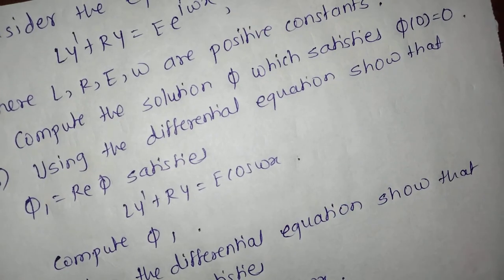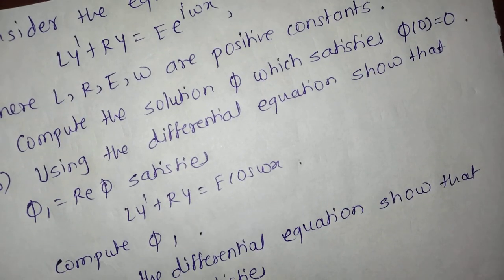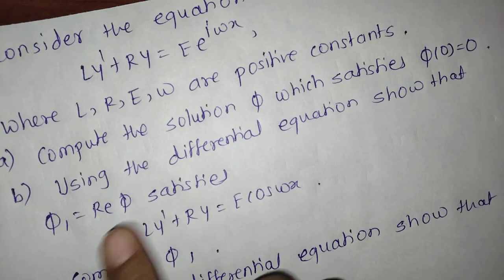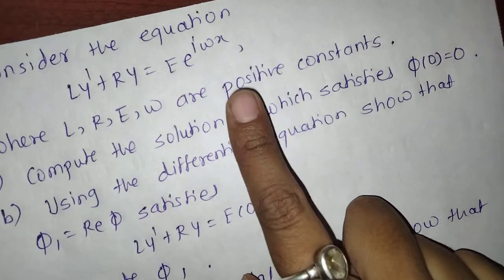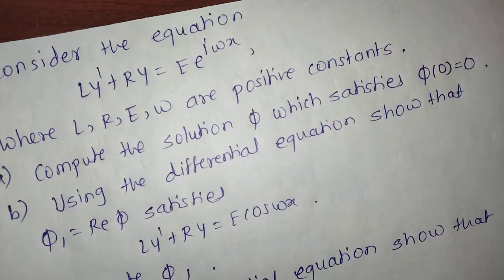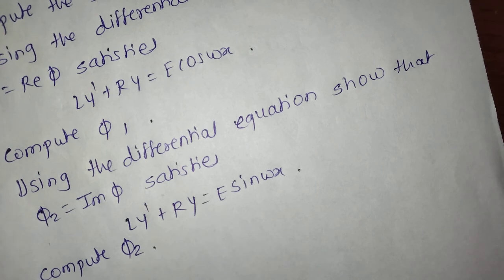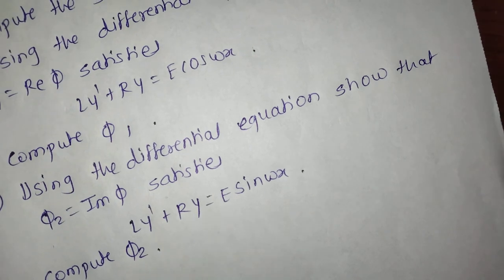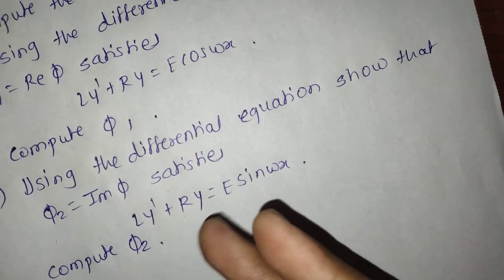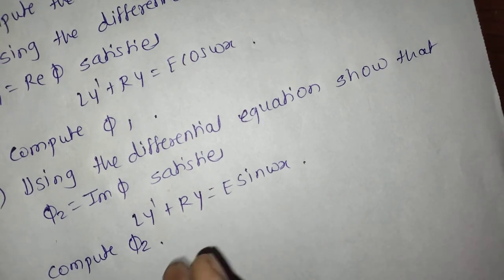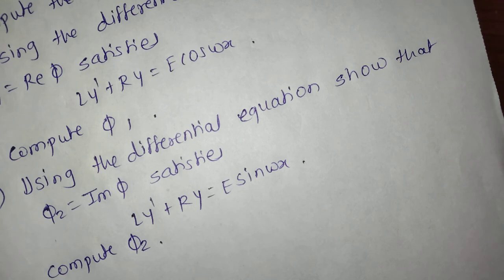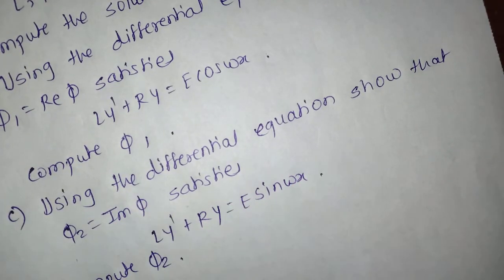The solution of one is nothing but phi 1, which is the real part of phi, and the solution of the other is the imaginary part of phi. Means when you find the solution phi 2 of this differential equation, you can see that it is similar to the imaginary part of phi.